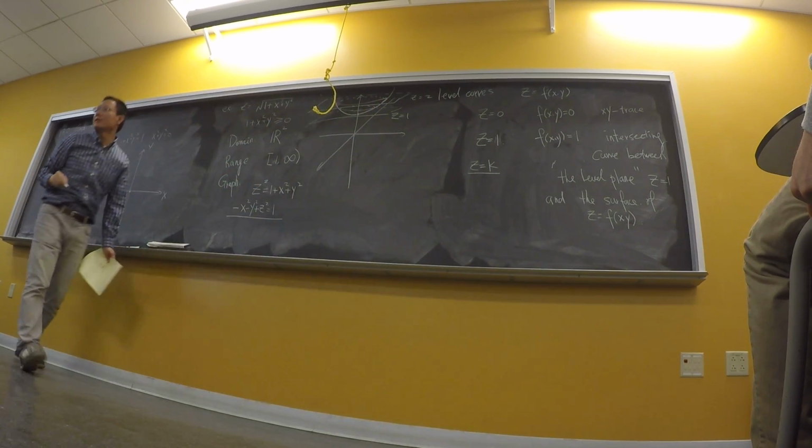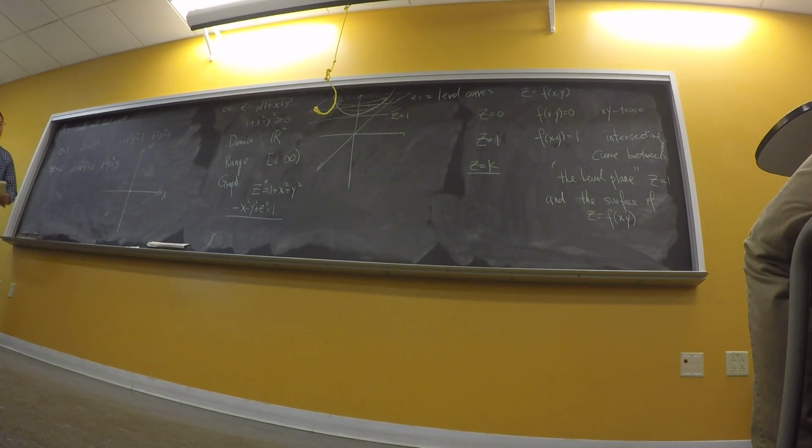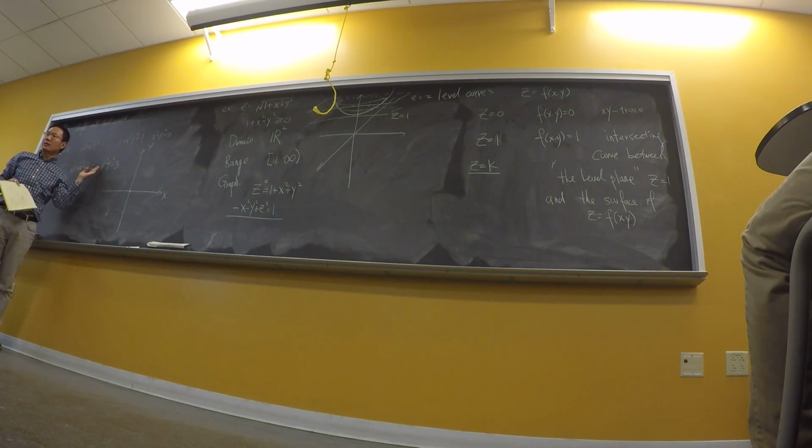The intersection between a level plane at 2 and the surface will be a circle curve over here, and that circle is indeed centered at 0, 0 with radius square root of 3. I can still look at the intersection on that picture, but when I draw this equation, it is still on the xy plane.